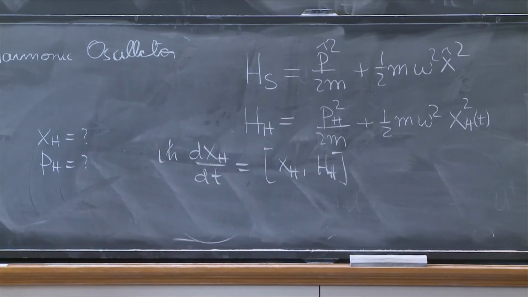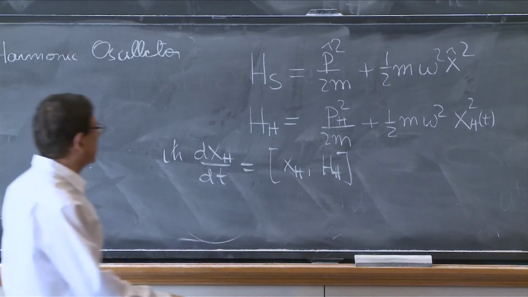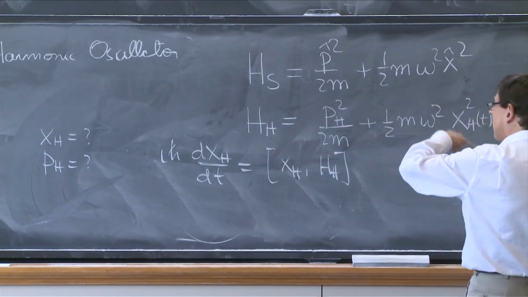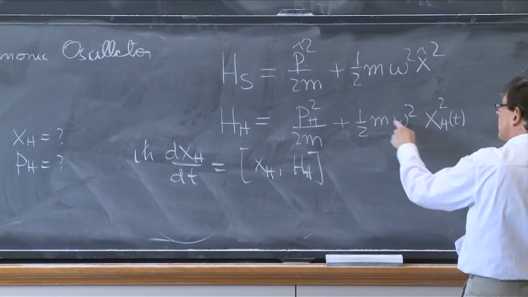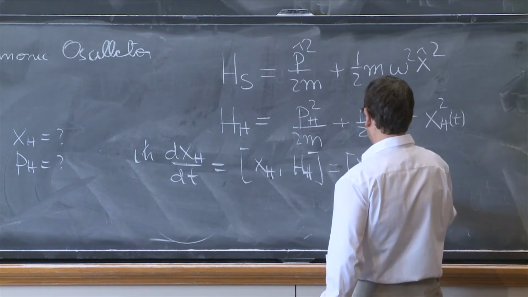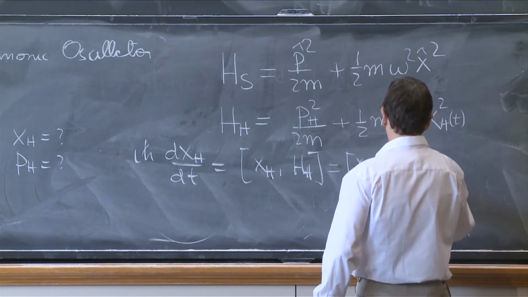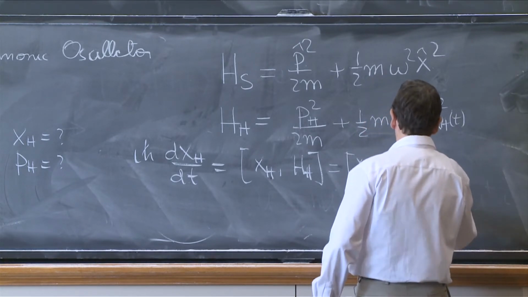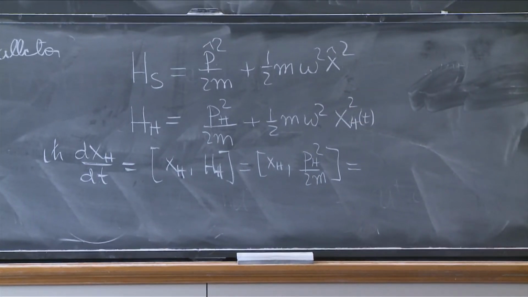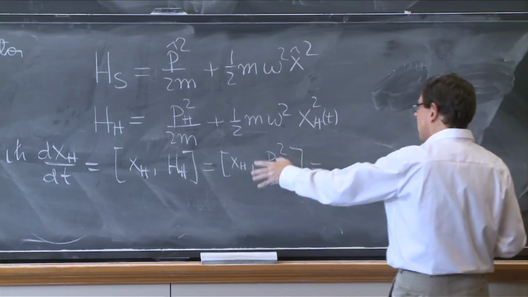Okay, can we do that commutator? Yes, because x Heisenberg, as you remember, just commutes with the potential term, so instead of the Hamiltonian you can put this: x Heisenberg with p Heisenberg squared over 2m. Well, x Heisenberg and p Heisenberg is like you had x and p.